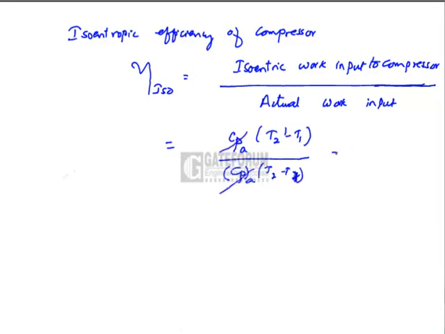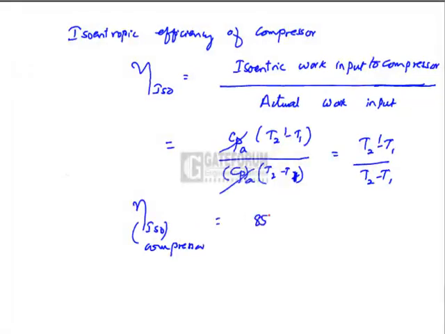It results in (T2 dash minus T1) divided by (T2 minus T1). Usually, isentropic efficiency of the compressor is in the range of 85 to 90%.